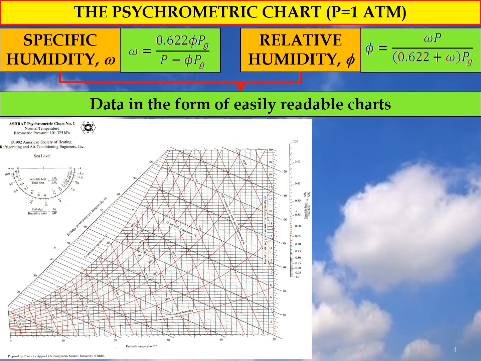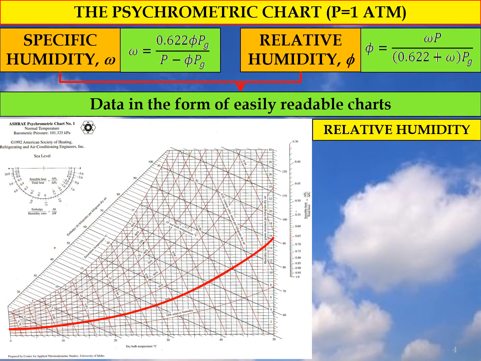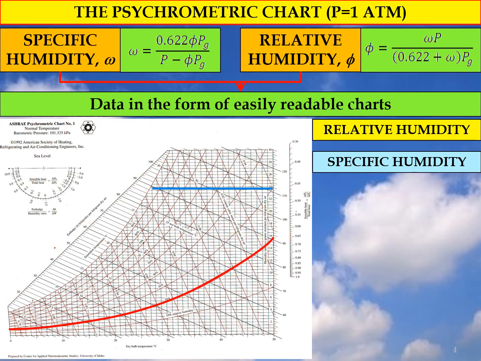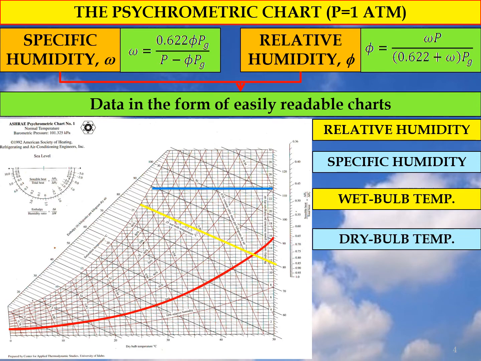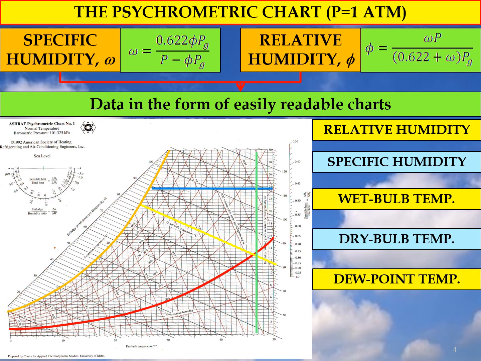In the psychometric chart, we have a lot of information. The red line is the relative humidity line, the blue line is the specific humidity line, the yellow line is the wet bulb temperature line, the green line is the dry bulb temperature, and the orange line is the dew point temperature, and move on, which is shown by the arrow.